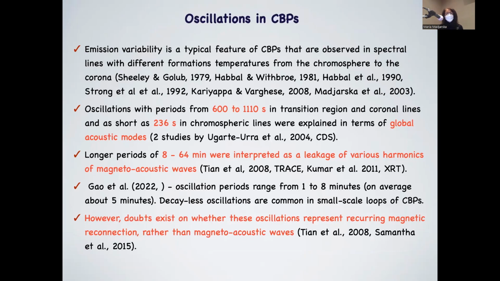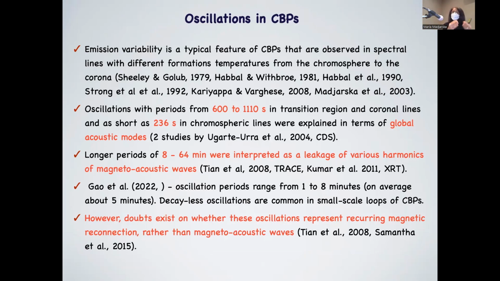Oscillations in coronal bright points, I probably don't have a lot of time. Oh, I still have some time. Okay, oscillation. So emission variability is a very typical feature in this small-scale loop system. When you see the animation I showed in the beginning, you see brightening happening everywhere in the loop system. So many works were done on oscillations, but mostly using a coronal spectral line.